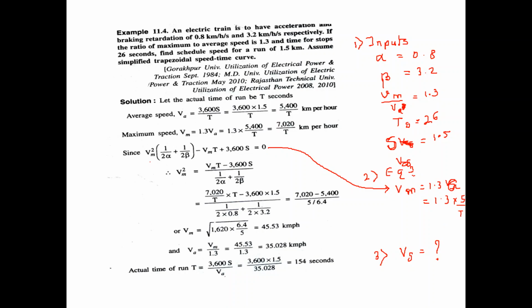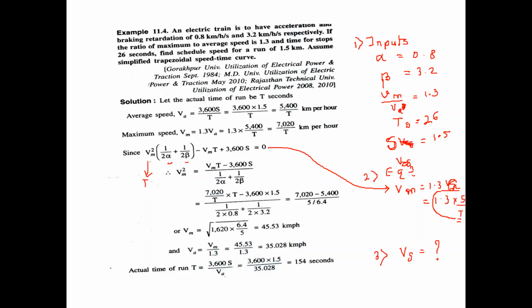S is already given. T is not known to us, so that is what we have to find out. What is the T value? So what we will do here is substitute this Vm in terms of T. This is a function of T, because all the other parameters are known.